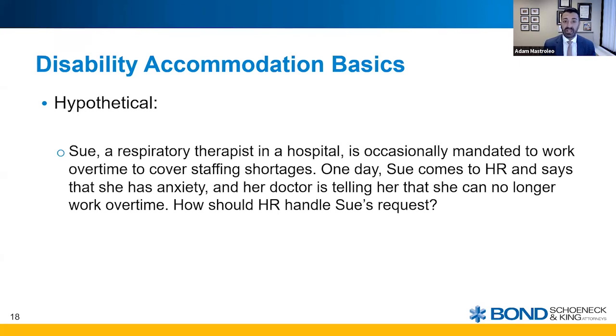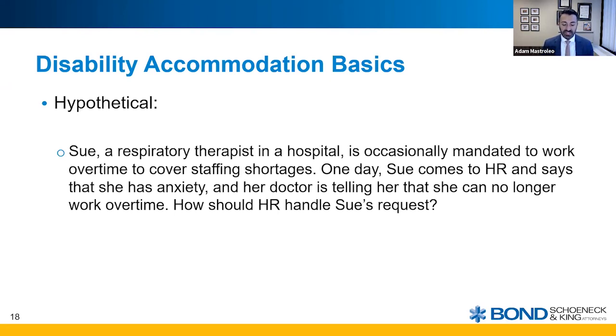We ask that you fill out the front portion of it, which asks you questions about your disability and limitations and proposed accommodation. We'll also ask that you have your healthcare provider fill out the second page and tell us more about your condition, limitations, how it impacts your ability to perform the essential functions of your job, and what accommodations he or she is requesting. So that would be the first step, right?